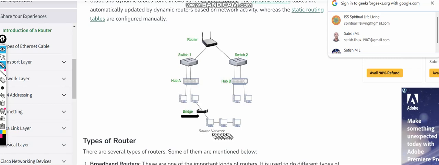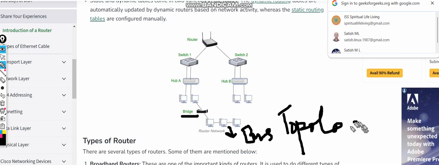This is an example of a router network. All these are computers. Computers are connected to the bus. So this is a bus topology here, and this is connected to the bridge.